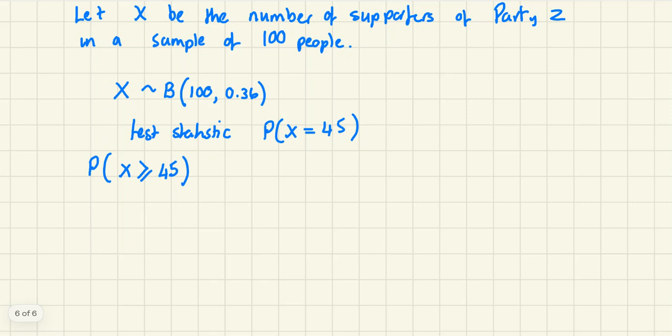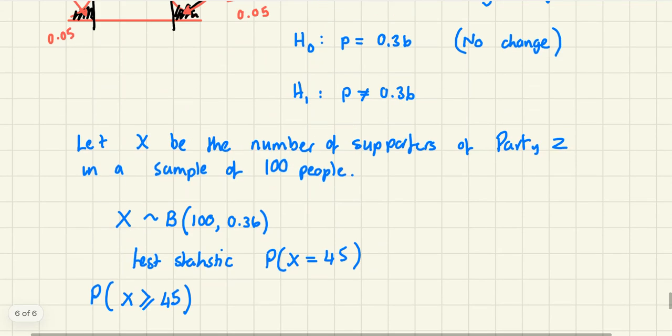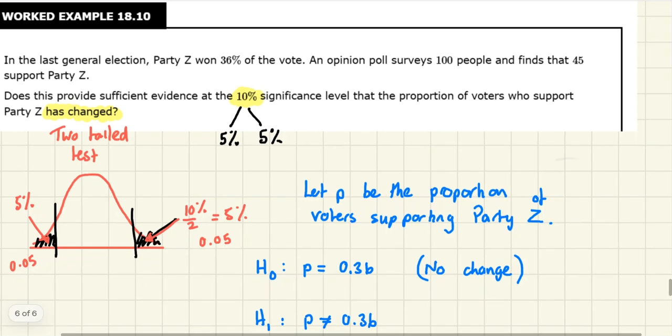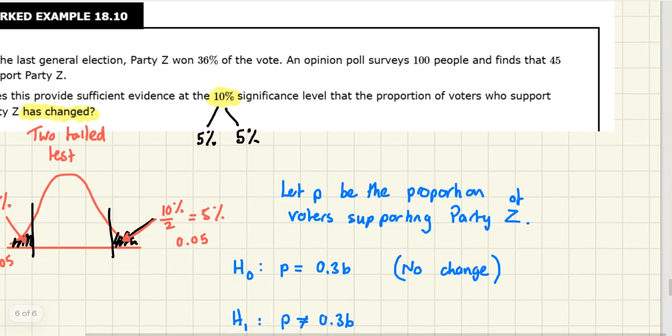What is the test statistic? Well, we've been given that the test statistic is the thing we're testing, which is over there, look, finds that 45 people now support. So that's our test statistic.